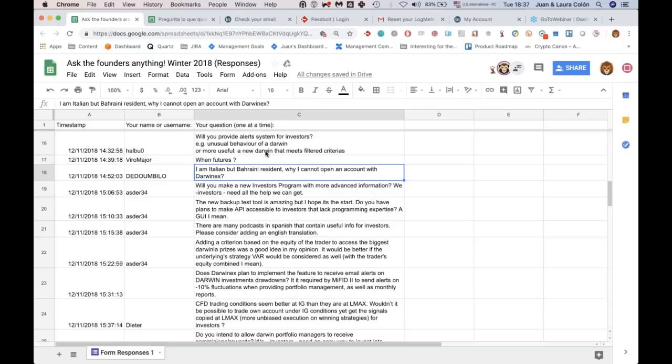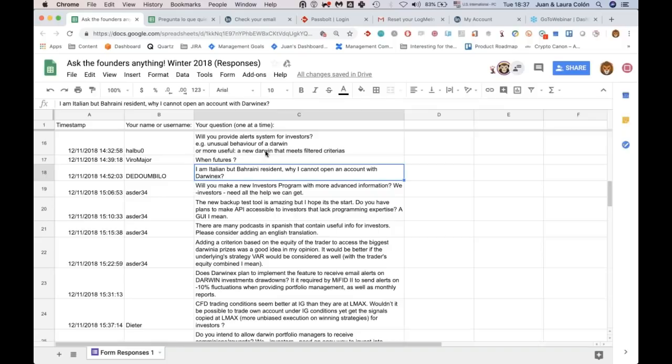It's becoming insanely difficult for FCA-regulated brokers to accept bank-based payments from outside of the European Union. And depending on a number of changing criteria in terms of AML compliance, corruption indices, a whole bunch of things that compliance people keep coming up with, it's becoming more and more difficult.